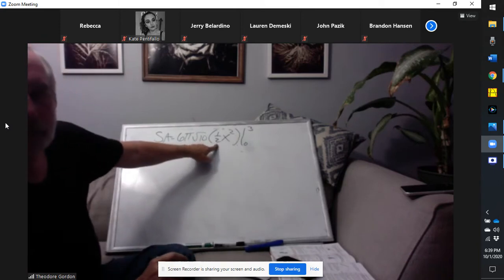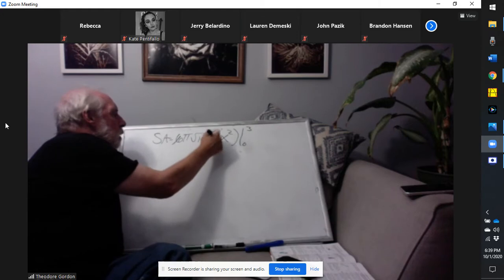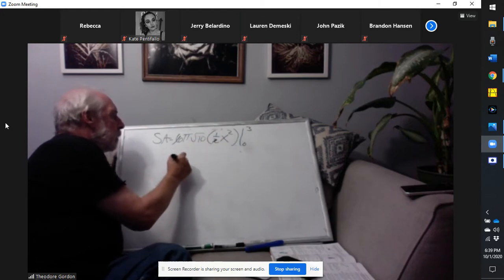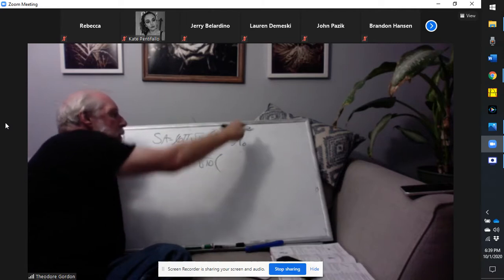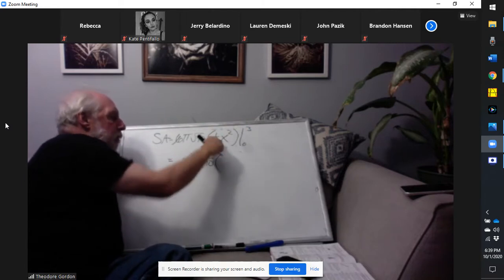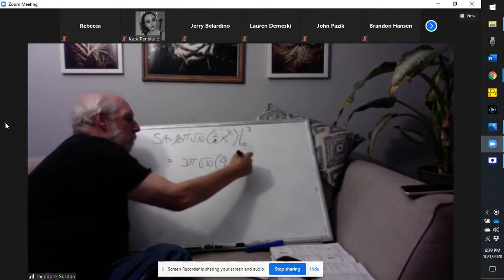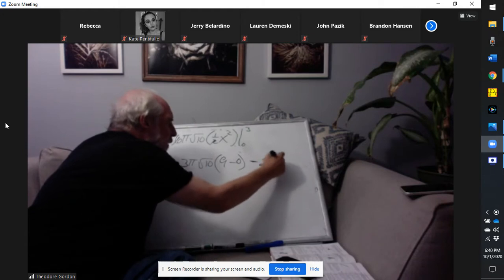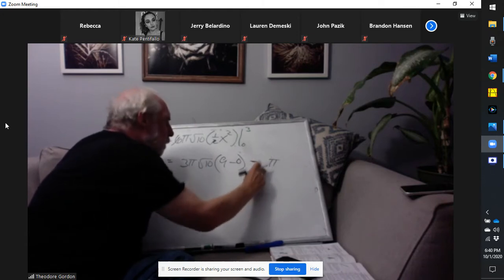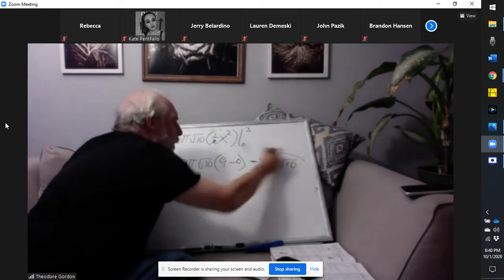This 2 can cancel out with the 2 inside the 6. So our surface area will be 3 pi square root of 10. The 3 goes in first. 3 squared is 9. The 0 goes in second. That's 0. And so this 3 times 9 is 27. So we get 27 pi times the square root of 10.